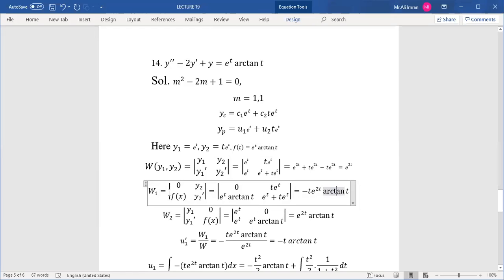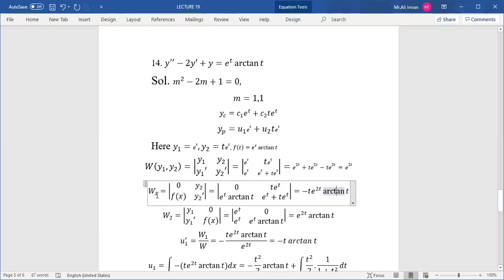We will determine W, the Wronskian, with y1, y2 and y1 prime, y2 prime. If we simplify it and put in the values of y1 and y2 and their derivatives, we get W equal to e^(2t). To find W1, we replace the first column with the entries 0 and f(t), and the second column stays the same as W's.